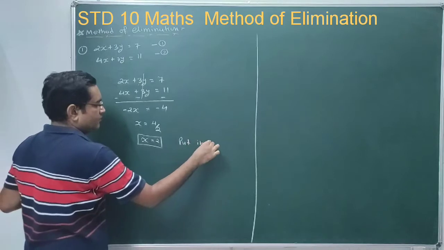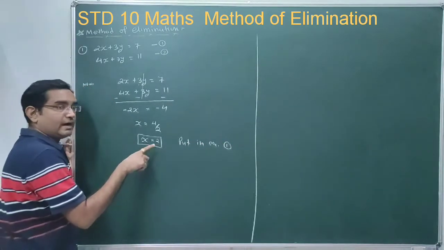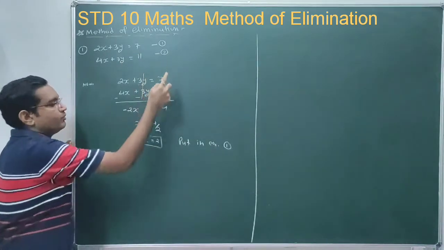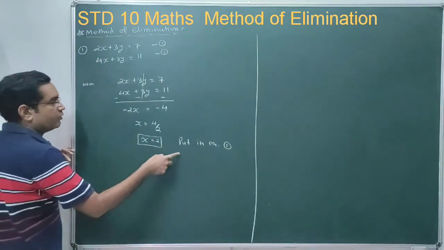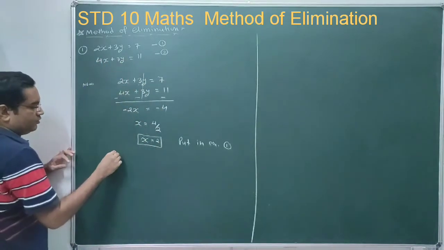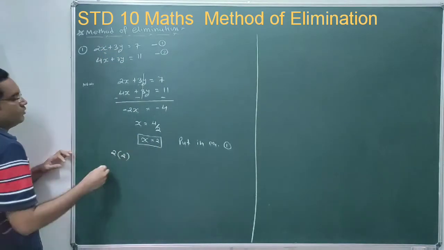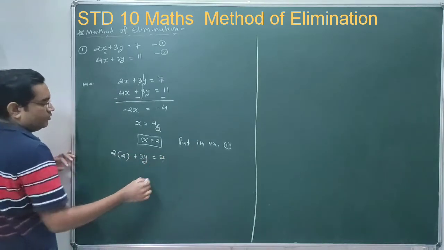So put it in equation 1. You can put this value of x equal to 2 in either of the given equations. Put it in 1 or in 2, you will get the same value of y. Here we are putting x equal to 2 in equation 1. So 2 into 2 plus 3y equal to 7.